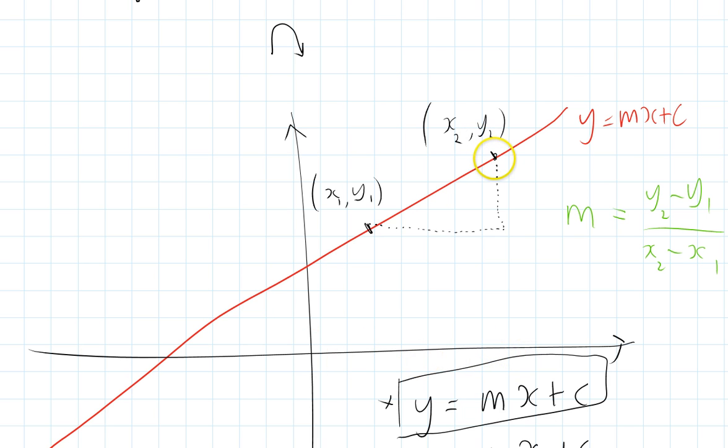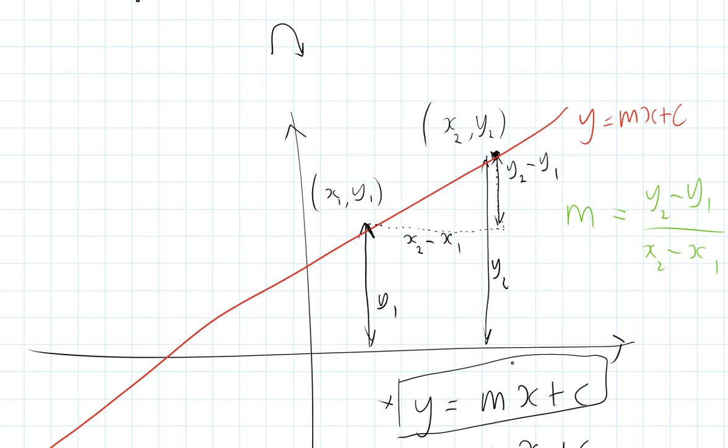And observe, this distance here is just y2 minus y1, because that has a vertical distance of y2, and that distance there is y1, and this whole distance here is y2. So what's left after you've subtracted out that one is y2 minus y1, and the same logic tells you that this is x2 minus x1 there.